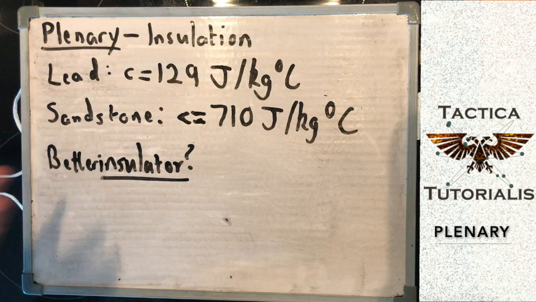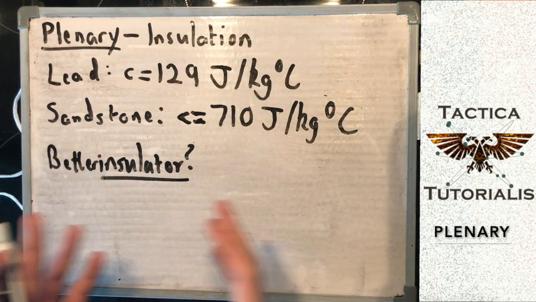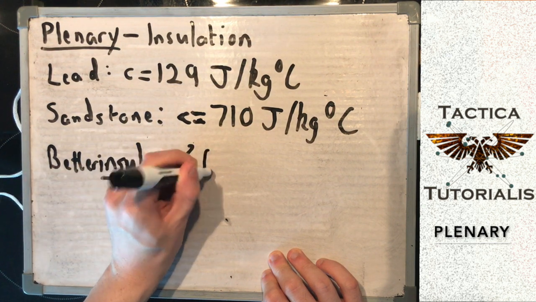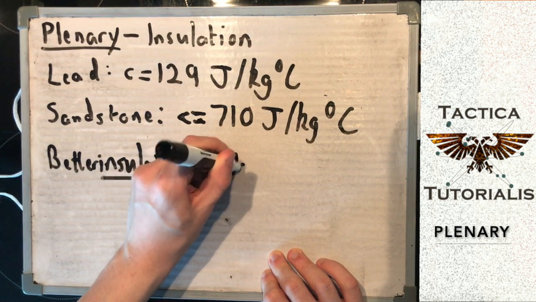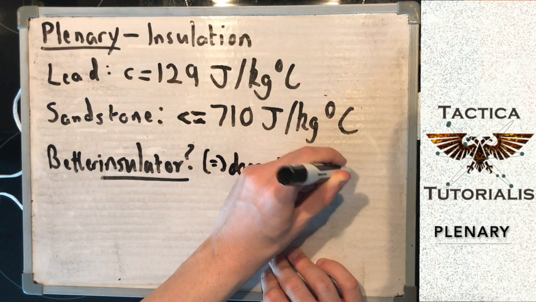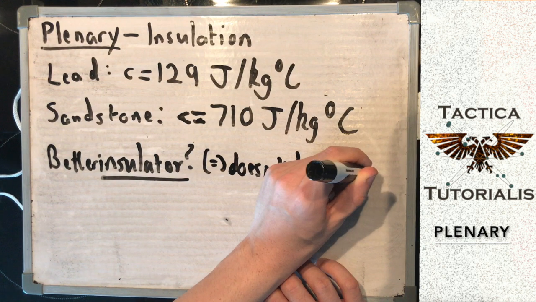But if you don't want it to cool down, you also therefore would be saying you don't want it to heat up very quickly. In fact, they kind of mean the same thing. So by an insulator, the hint was, therefore, doesn't heat or cool quickly.